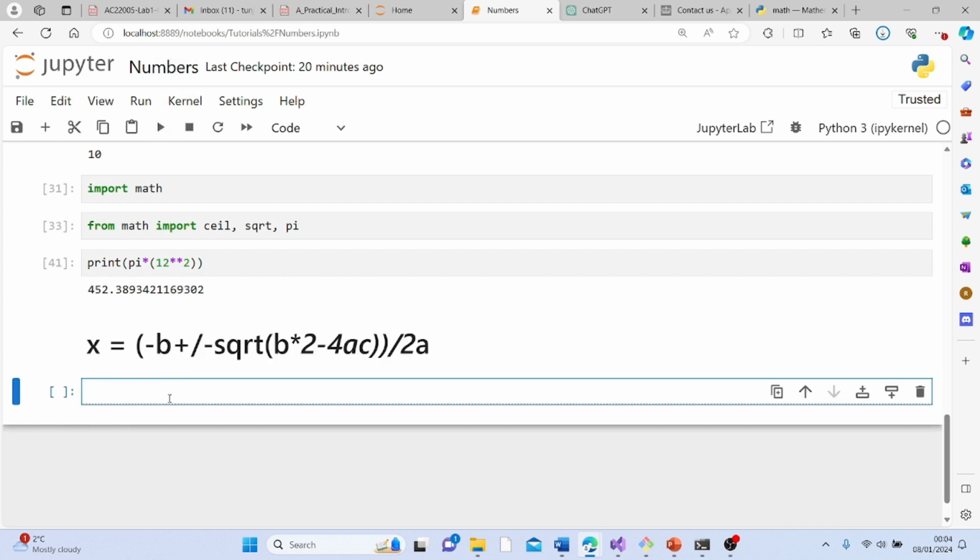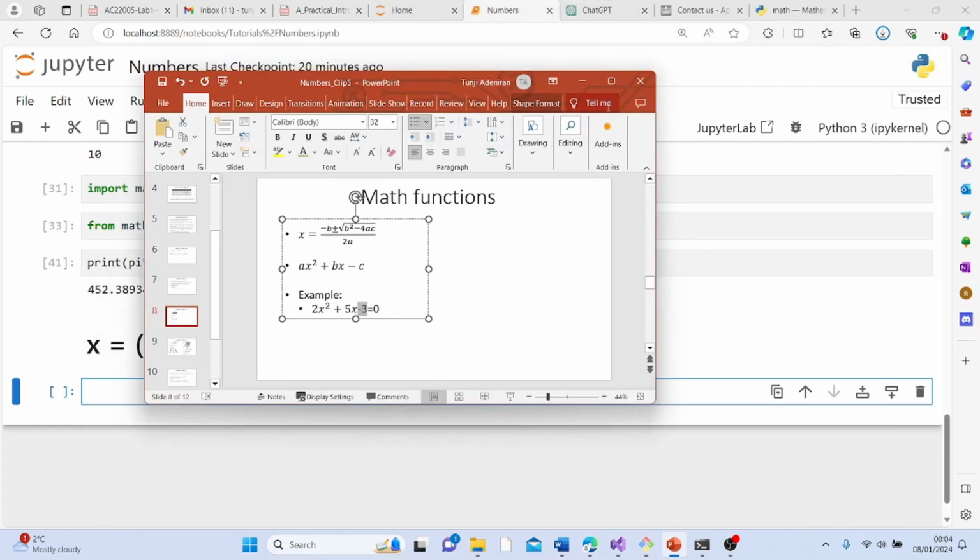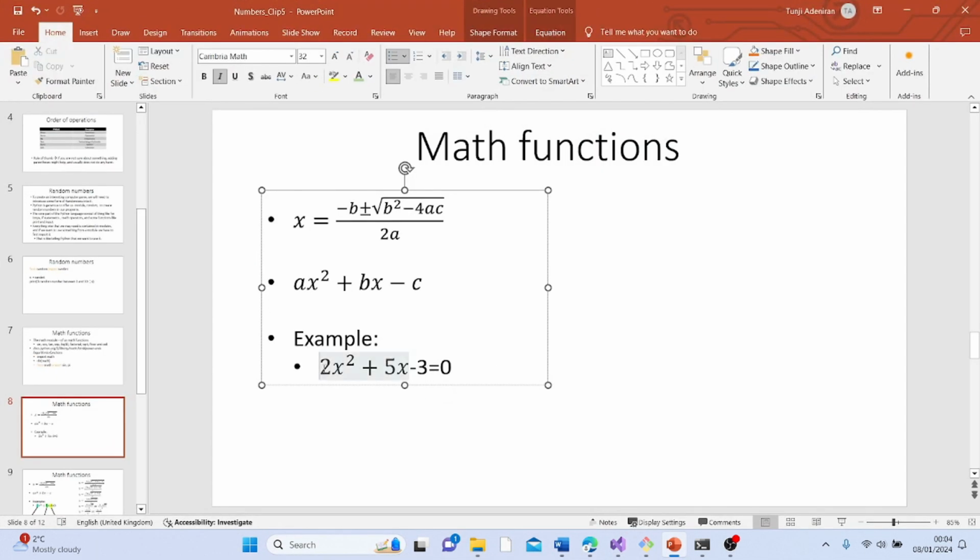We will take the input from the user. We will ask for A, B and C. For example, in this example, this is our A, this is our B, and this is our C. So we have A, B and C to be 2, 5 and minus 3.